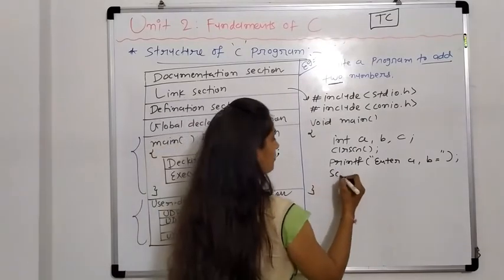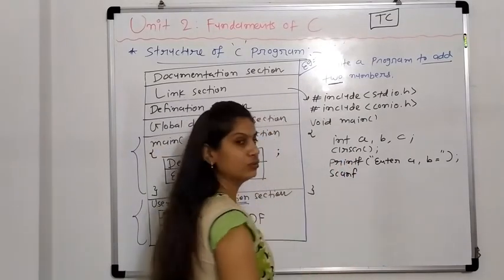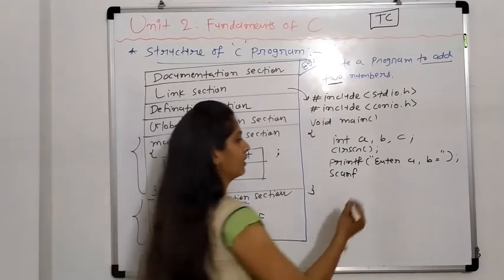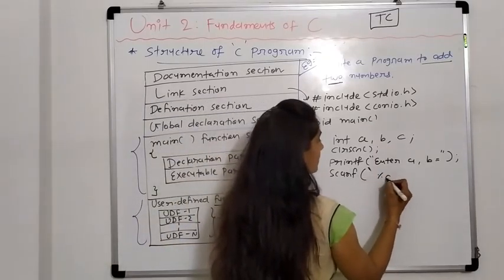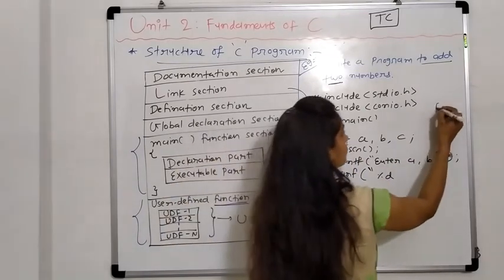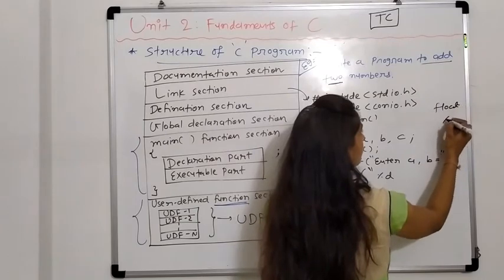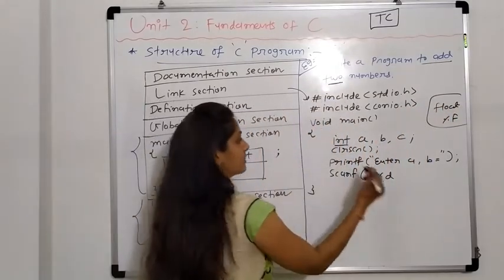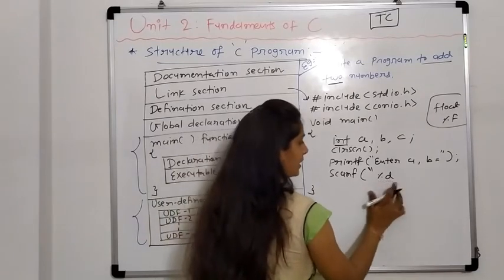Now to input values, we use another function, the scanf function. It is our input function. In scanf we have to write %d for an integer. Suppose you are using float, then you have to write %f. Clear? For integer we write %d.